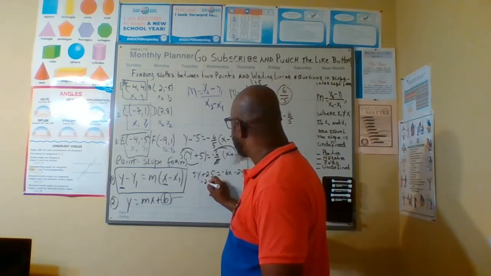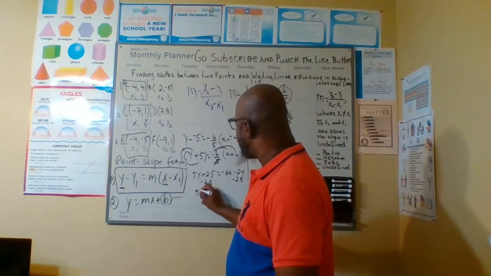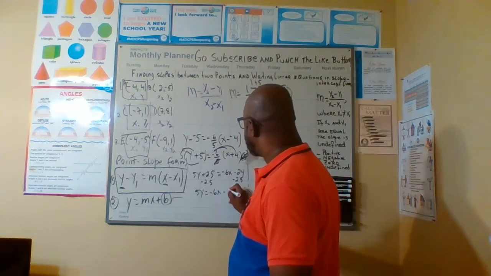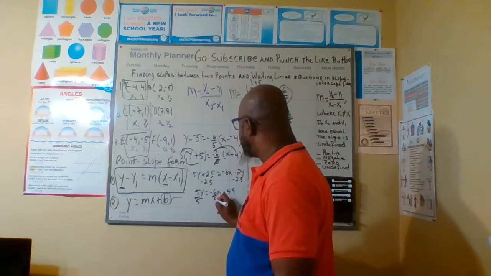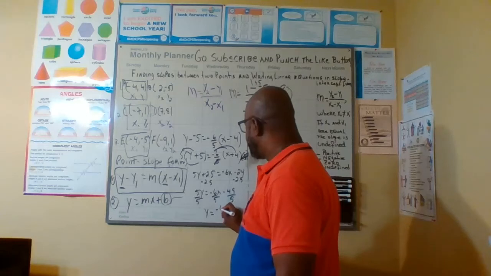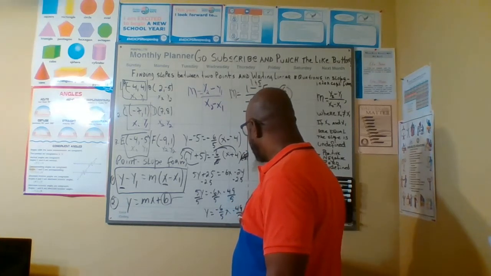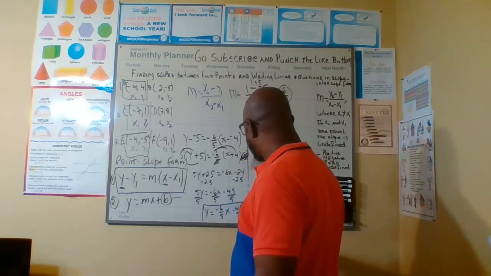You subtract 25 on each side. Now you will have 5y equal -6x minus 49, divided by 5 on each side. Then you will end up y equal -6/5x minus 49 over 5. This is our equation in slope intercept form.